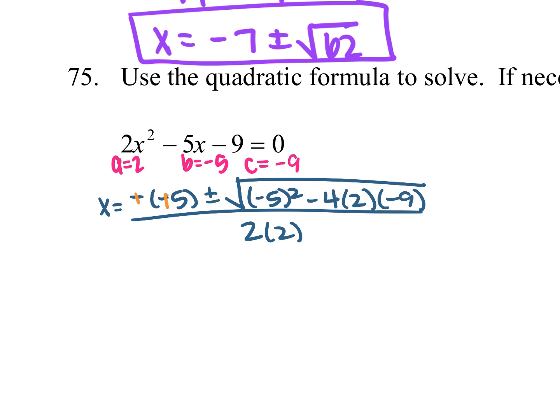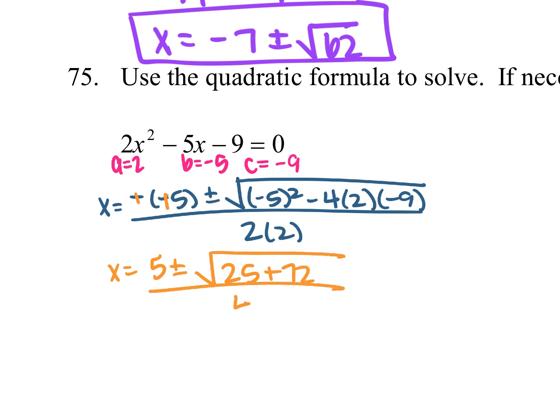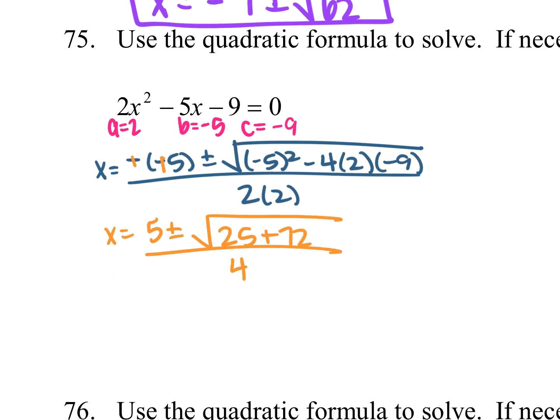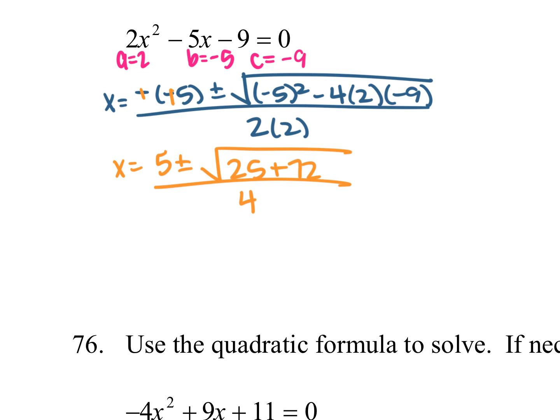The opposite of negative 5 is positive 5. Plus or minus the square root of negative 5 squared is 25. The negative 4 times 2 is negative 8. Times negative 9 is a positive 72. And this is all over 4. From here, you have to simplify underneath the square root. So that's 5 plus or minus the square root of 25 plus 72, which is 97, all over 4.